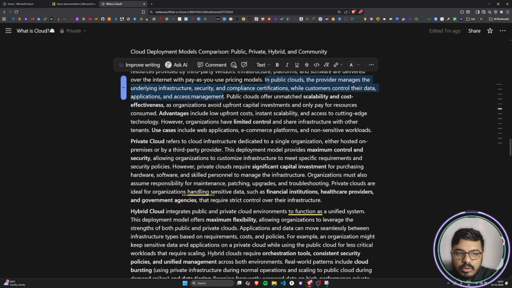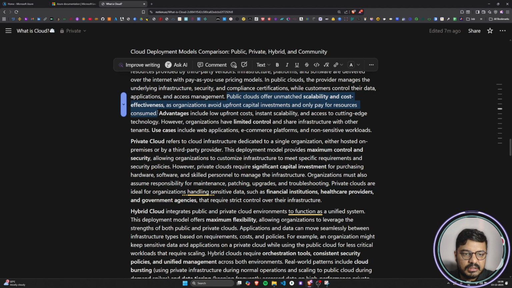So maintaining the infrastructure, keeping everything secure, and the compliance certifications are the headache of the cloud providers, whereas maintaining the data, controlling the data, maintaining your application, and access management are the headache of the users.